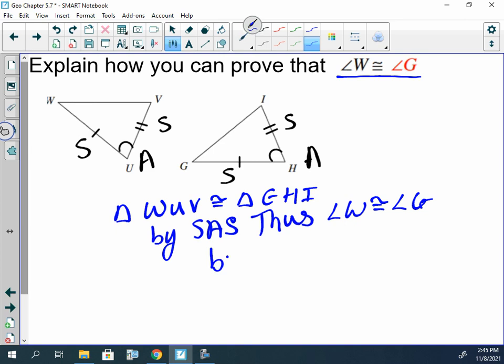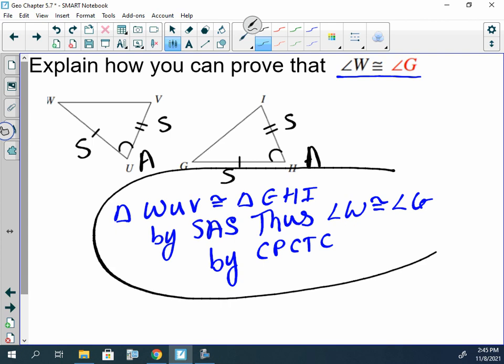CPCTC. Thus angle W is congruent to angle G. W is congruent to G by CPCTC. And that's it.